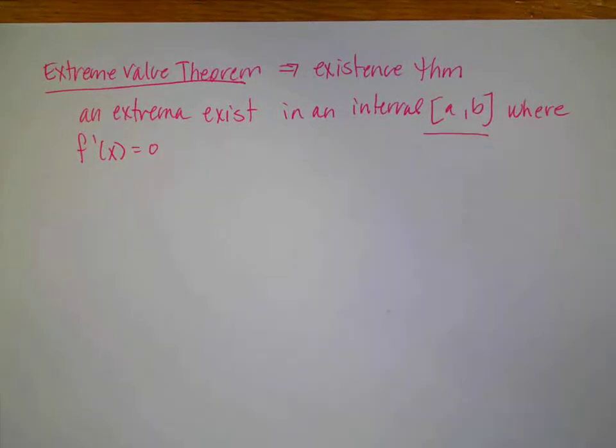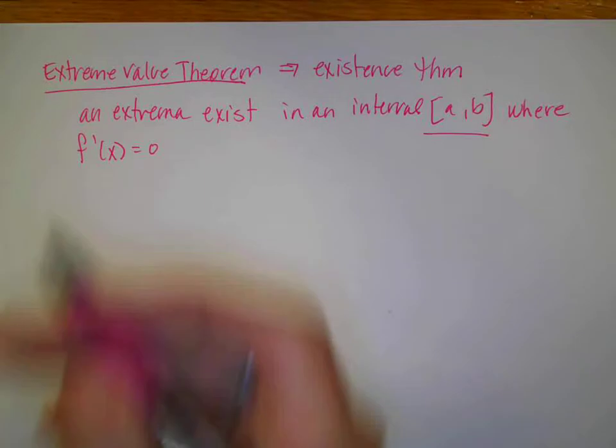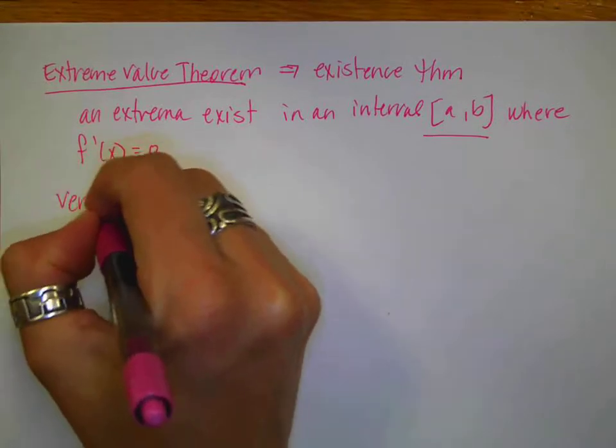So if the derivative is equal to 0 in a given interval, then I know at some point in that interval I'm going to have an extrema. It doesn't tell me what kind, it just tells me that it exists.